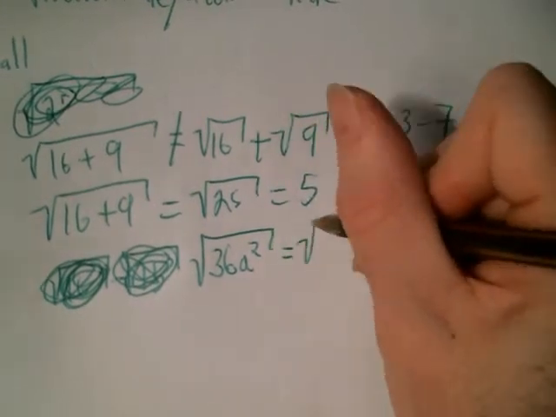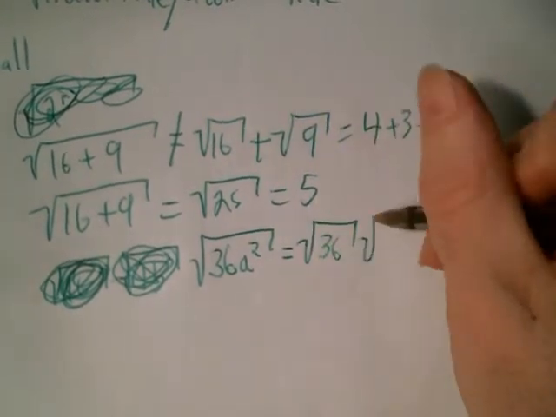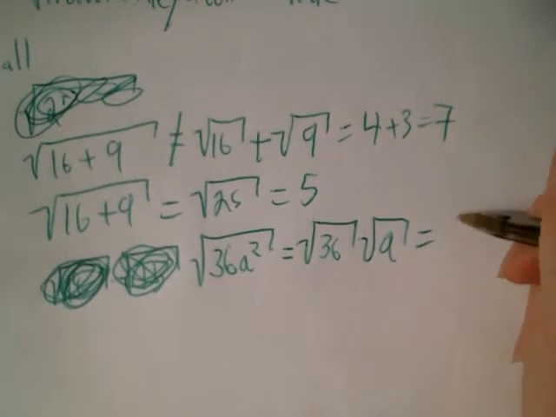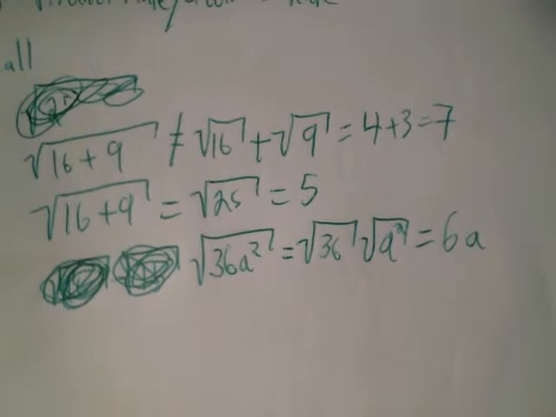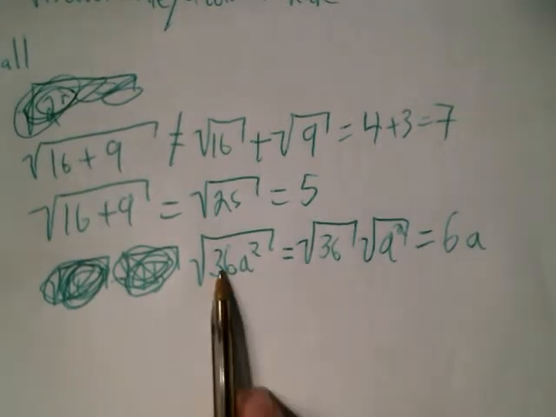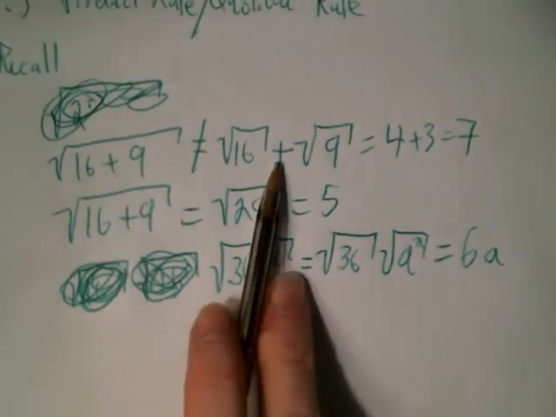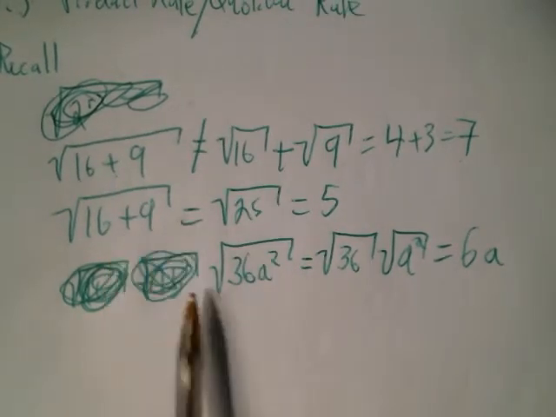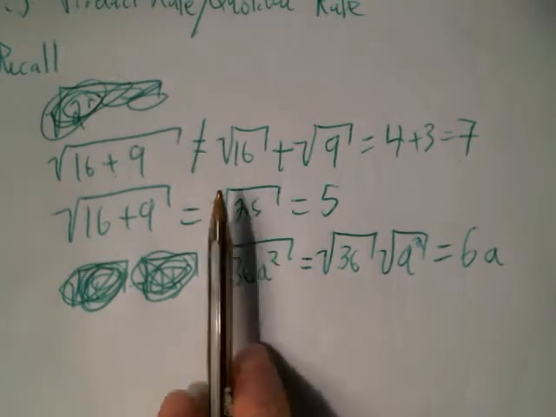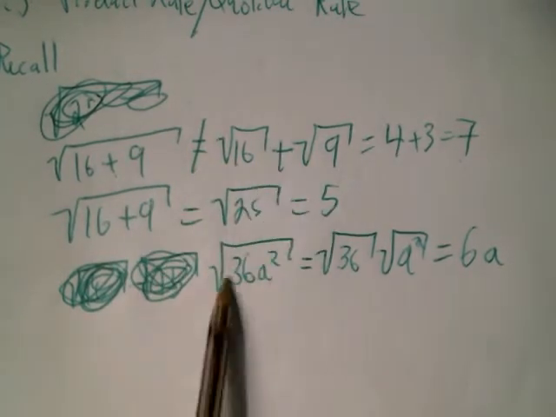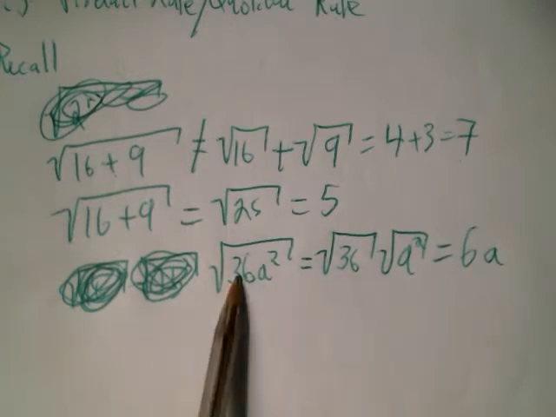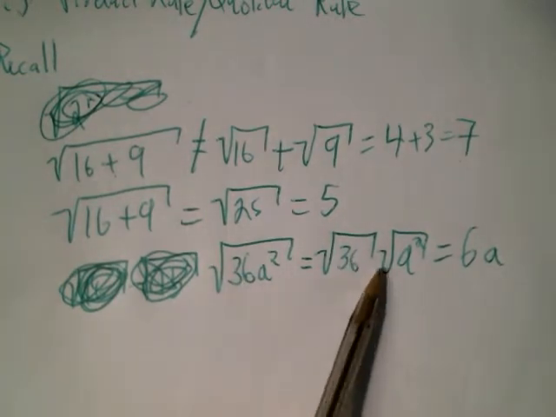So you could split this up into the square root of 36 times the square root of a squared. And then you could say, well, that's 6a. Right, is your answer. So what I'm getting at is sometimes you can use rules to break things apart. I can't break these apart, but I can here. Basically the square root of a sum is not equal to the sum of the square roots. Here, the square root of a product is equal to the product of the square roots.